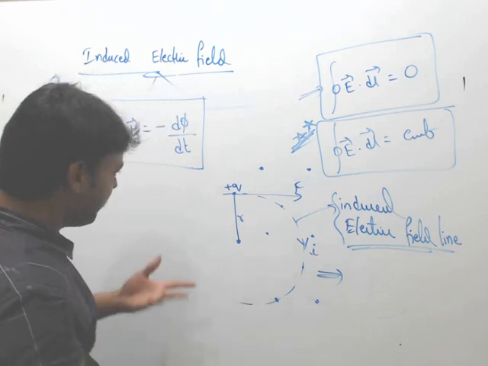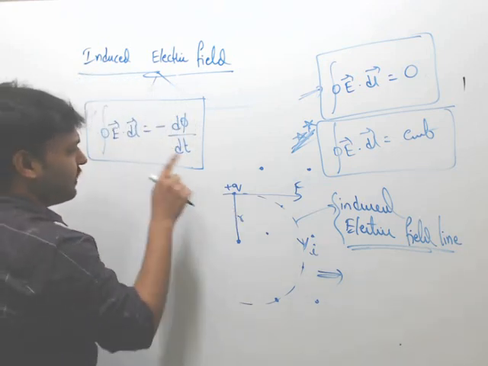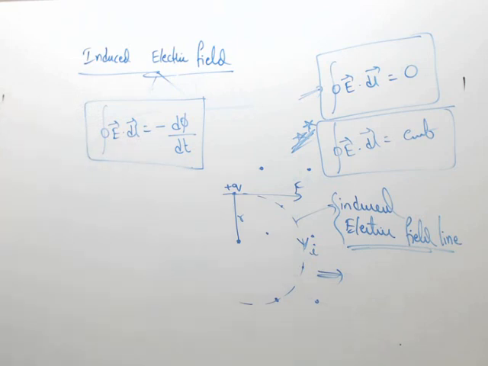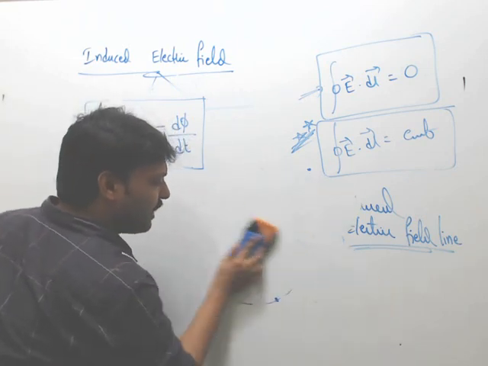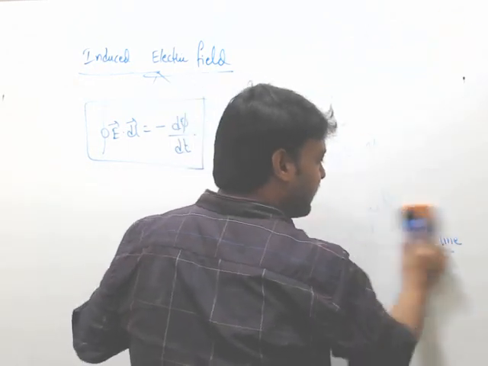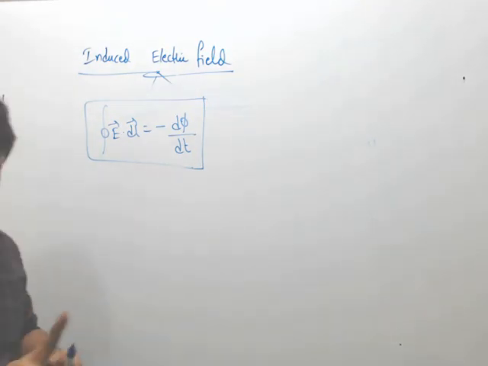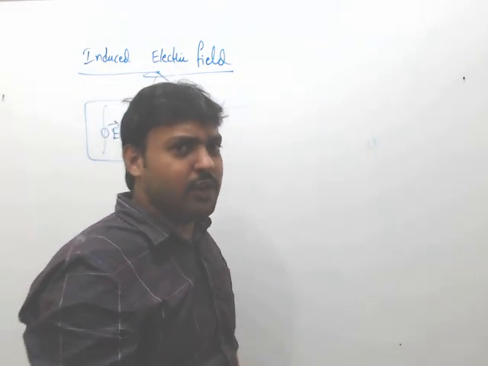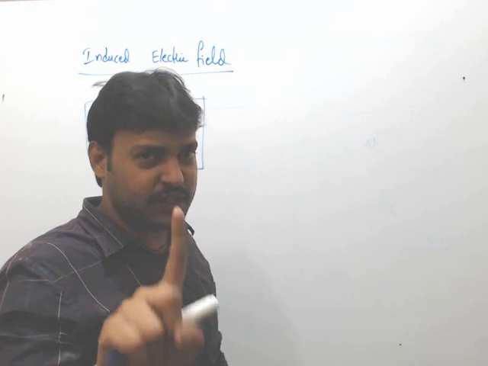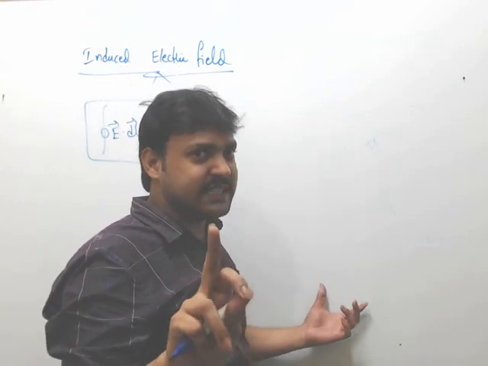Clear? Now take the same example and try to calculate. I'll take an example. So this is the final relation you have to remember in this concept. Comparison also I did. Try to write the notes, it will be easy for you. The first point: induced electric field will be developed due to the change in the magnetic field. Second point: it is non-conservative.